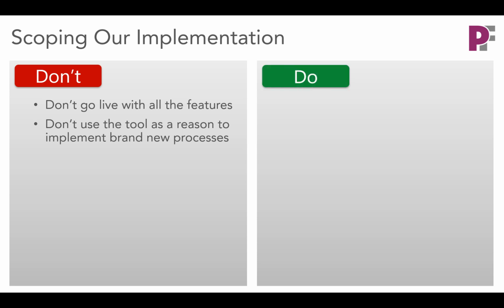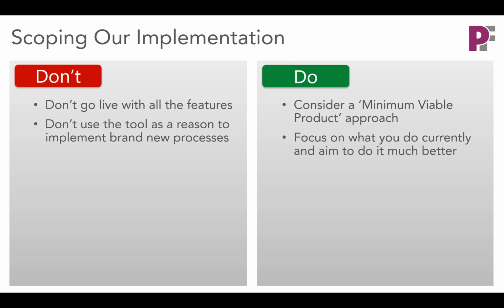Do consider a minimum viable product approach, and maybe it is viable to use the tool merely to support those processes that you currently operate, and then demonstrate how this tool now helps everyone to work with those processes much better, much more efficiently.